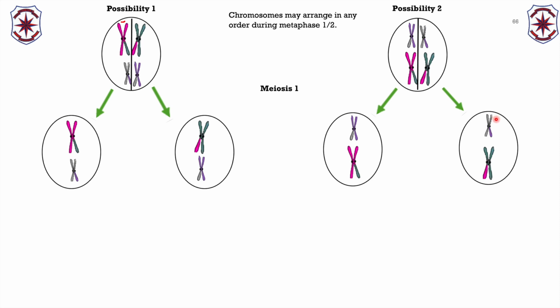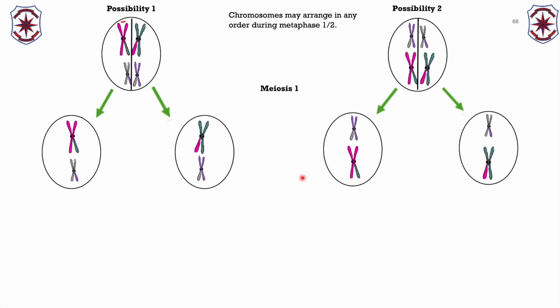Now, when you check this combination of chromosomes in this daughter cell, it's not the same as there. It is not the same as there, and also not the same as there. Why are the combinations of chromosomes in each daughter cell different?